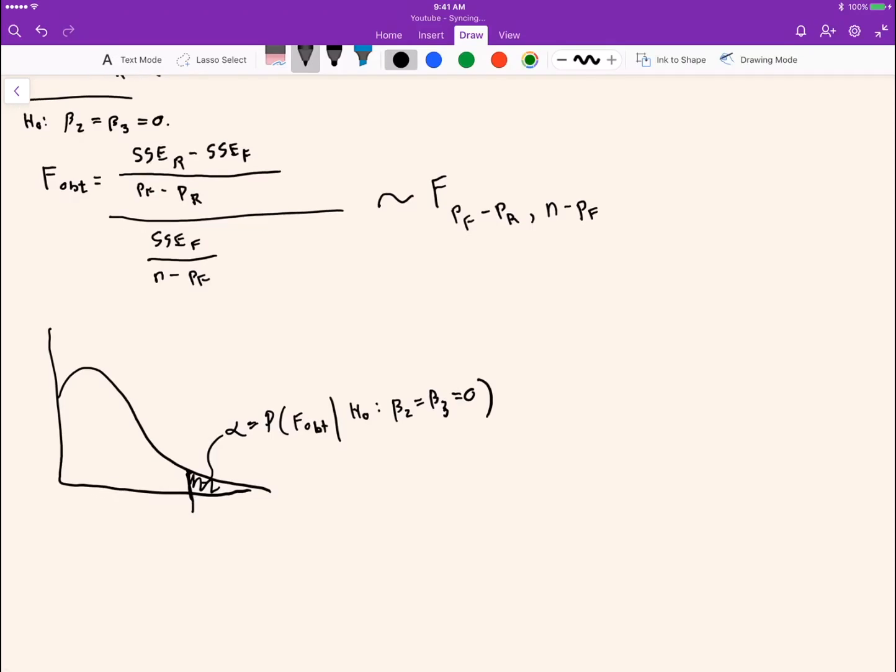Specifying this alpha determines a critical F statistic, which we then compare the obtained value to, to decide whether or not we reject or fail to reject the null hypothesis.